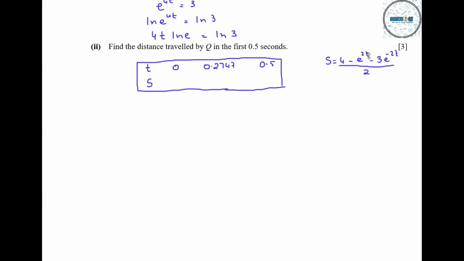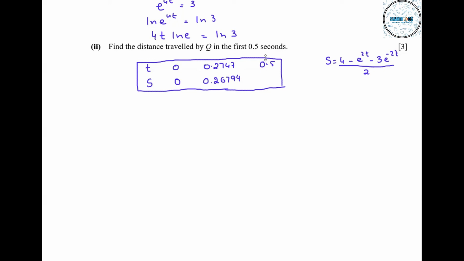So when we substitute t as 0, we will be getting 0. When we substitute t as 0.2747, we will be getting 0.26794.